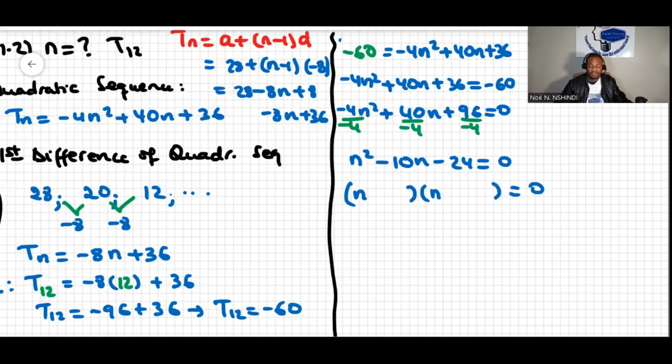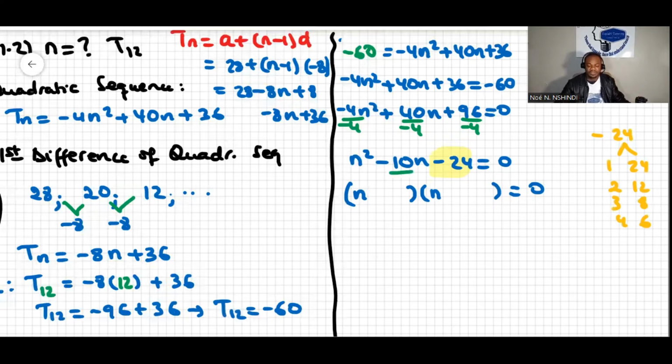Now I look at the last term, which is -24. I will list all the factors of 24, not -24, in ascending order: 1 and 24, 2 and 12, 3 and 8, 4 and 6, and then we stop there. In the list of the factors of 24, there must be exactly one couple which makes a sum equal to -10.